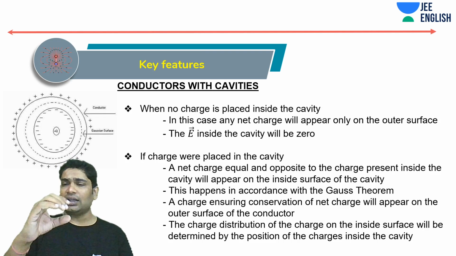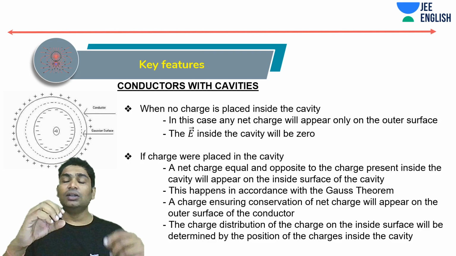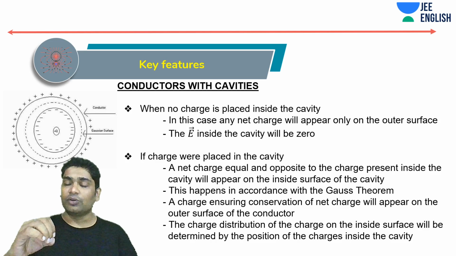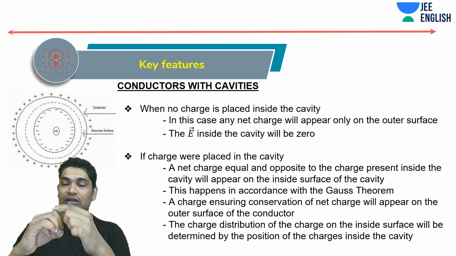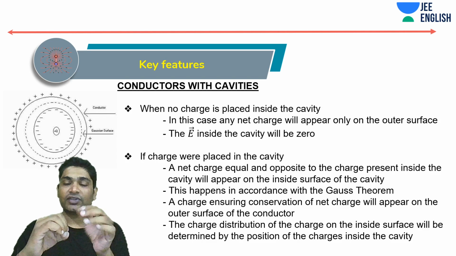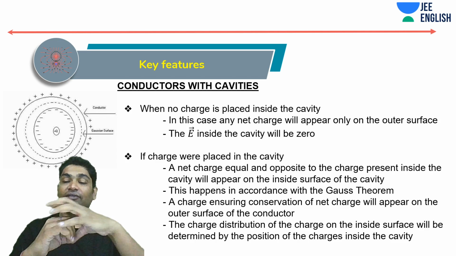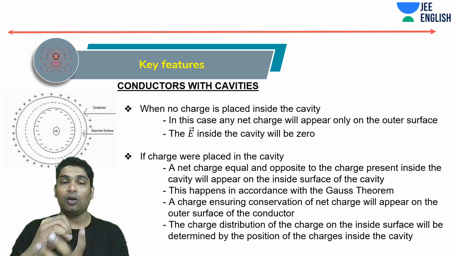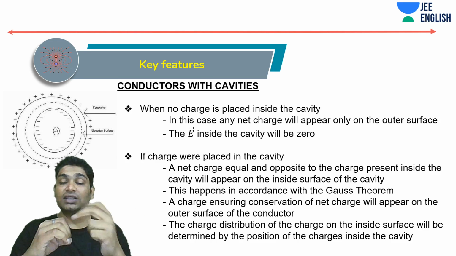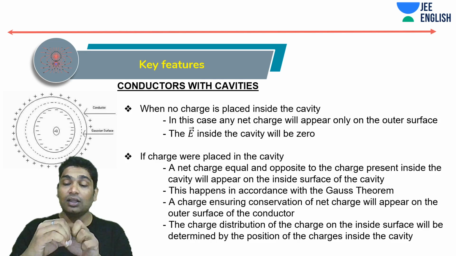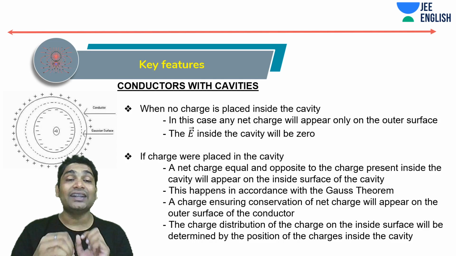So if you have a conductor with a cavity here, suppose this conductor was initially neutral, and you suddenly got a charge near it. This charge will start inducing some charges on the outer surfaces. As a result, you will see electric fields outside the surface of the conductor. However, bringing this charge, though it creates fields outside, will not create any field inside the cavity.